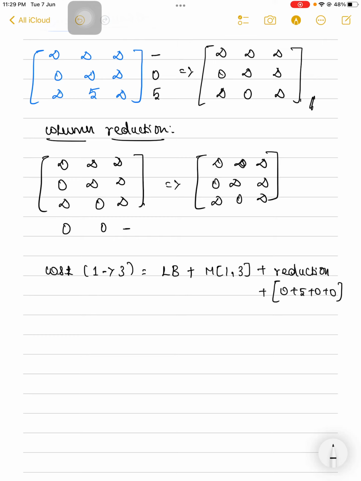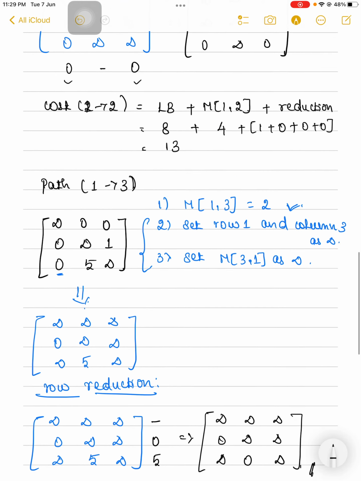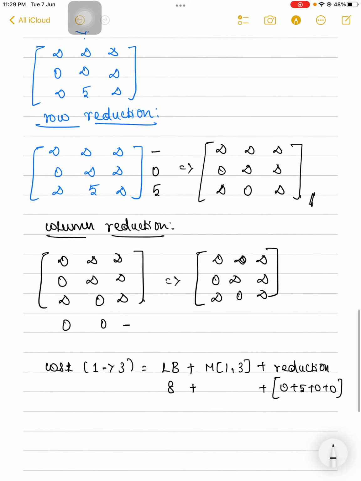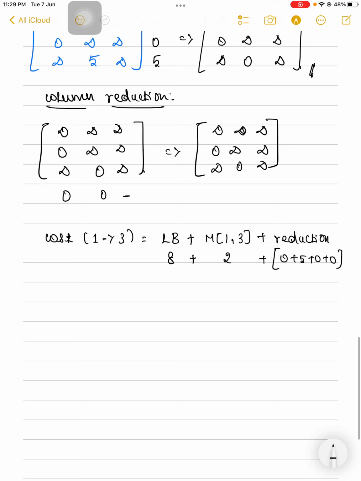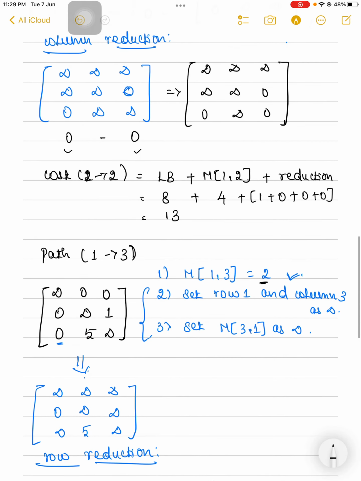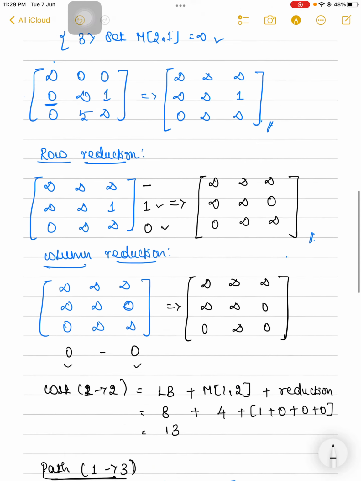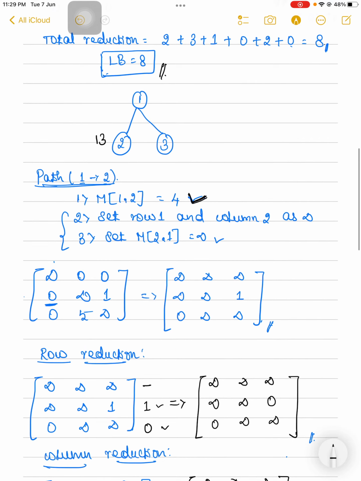This is our total reduction cost. We all know the lower bound value is 8 and 1, 3 cost is 2, right? So total we get 15, right? So for the path 1, 3, we get the cost 15, right?